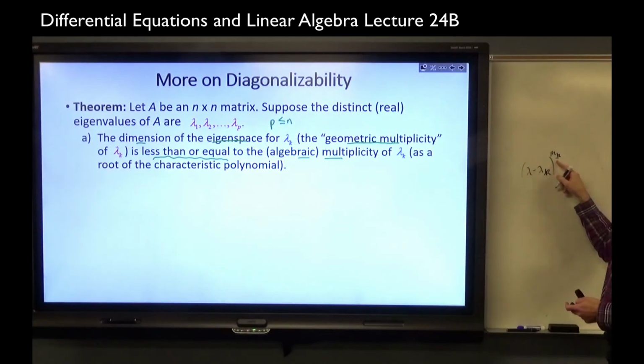The dimension of the eigenspace for lambda k has to be less than or equal to that number. You might say typically it equals it, and typically this number is 1, but it could be less than.